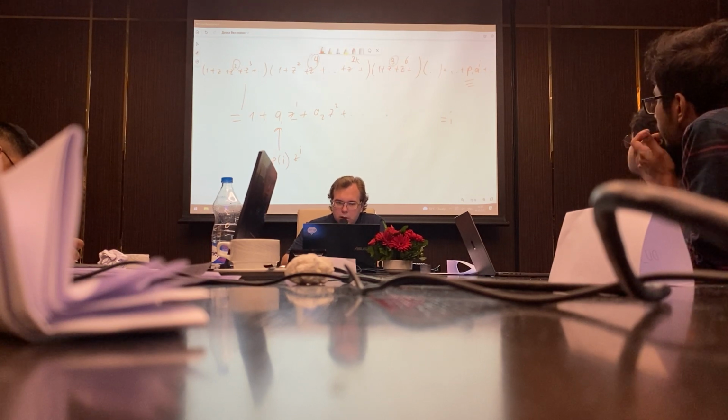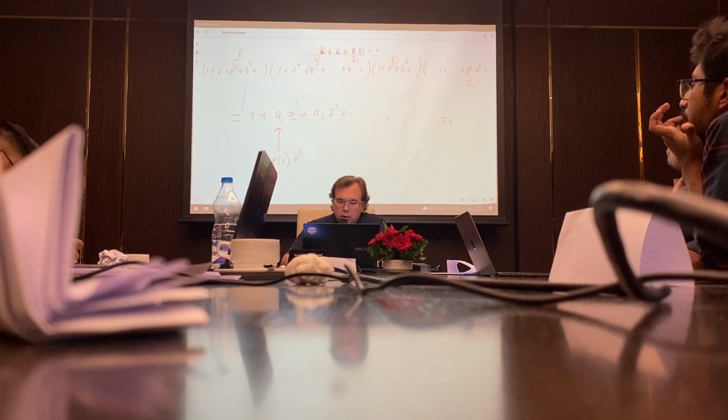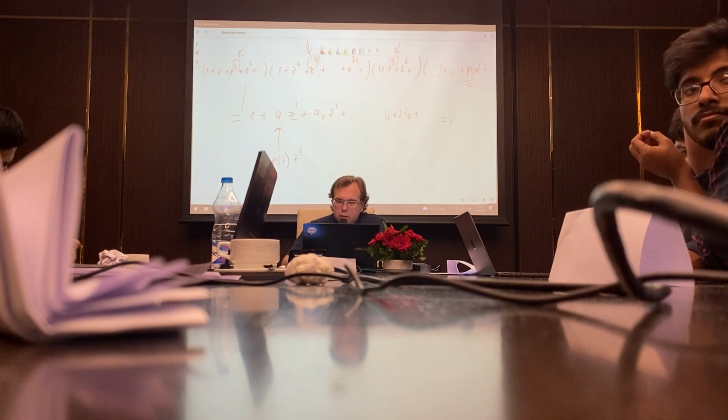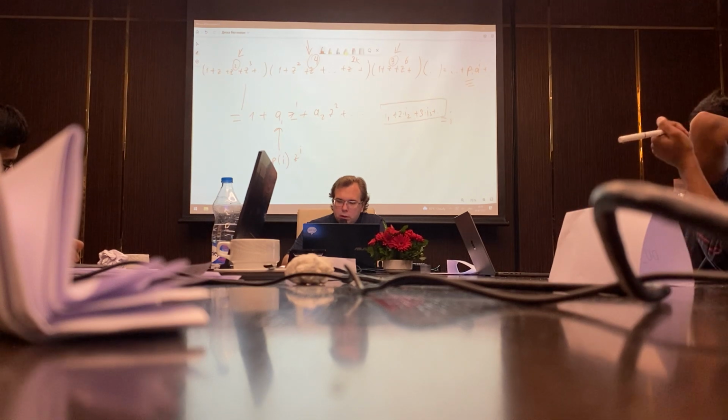It's like some number from here, it will be e1 plus some number from here, which is 2 multiplied by e2. Some number from the next polynomial, some 3 multiplied by e3, and so on. And what is it actually?